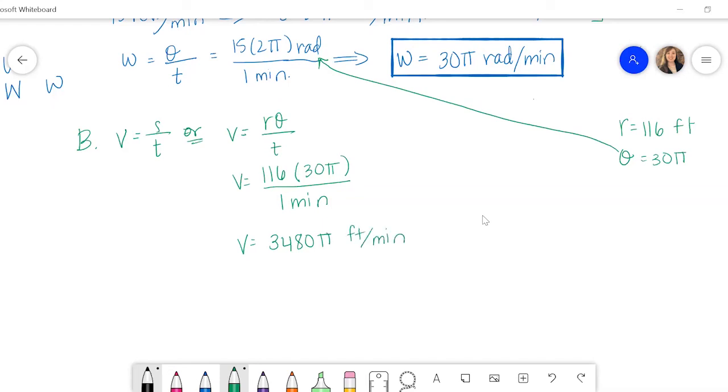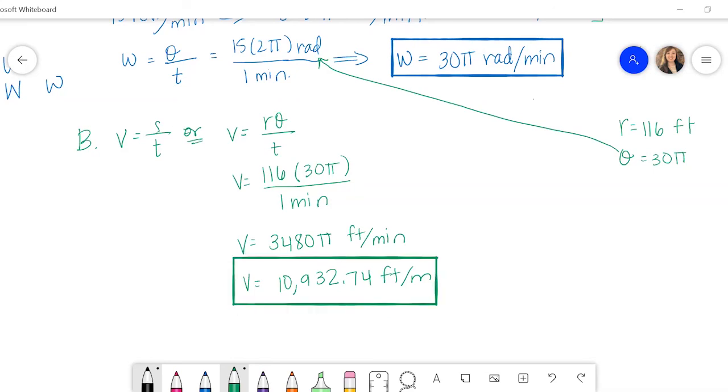Remember, feet kind of overrides radians because radians is like a non-unit unit of measure. If we actually multiply in pi, we get this linear speed, 1,932.74 feet per minute. Okay, so there you go. That is your second part, your linear speed.